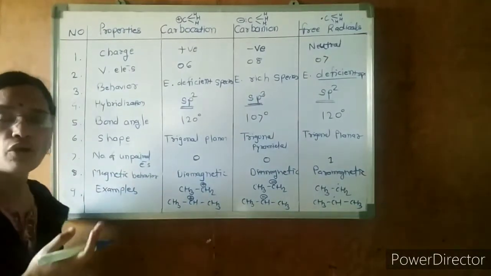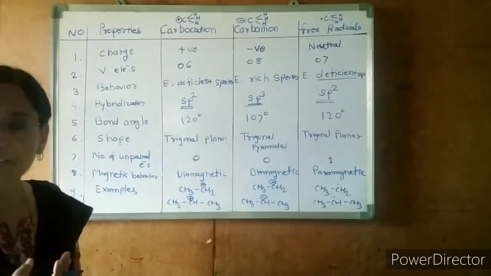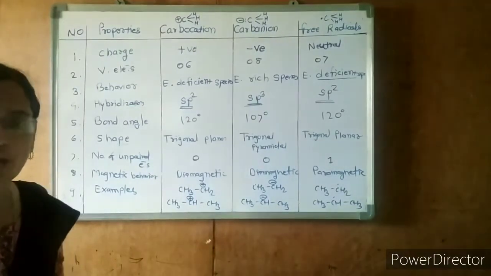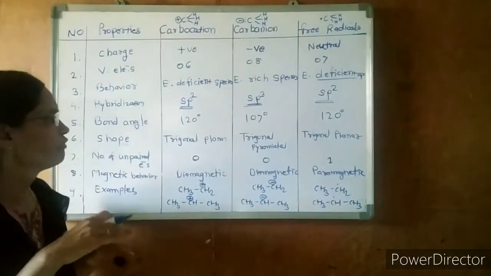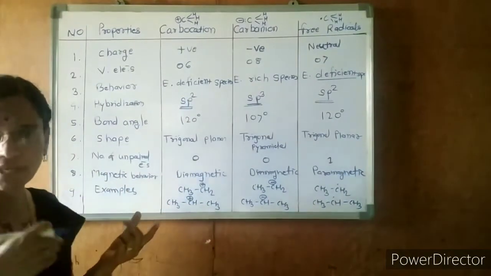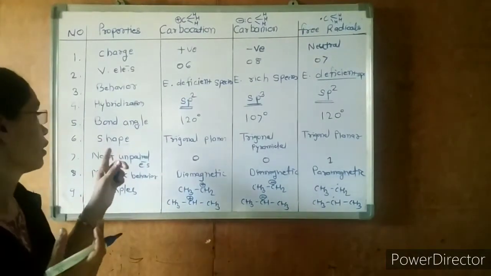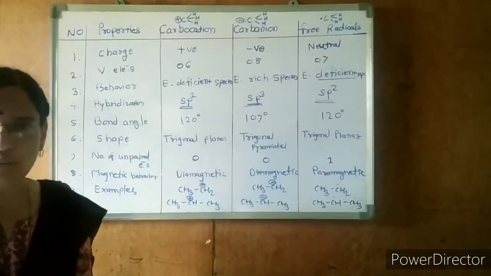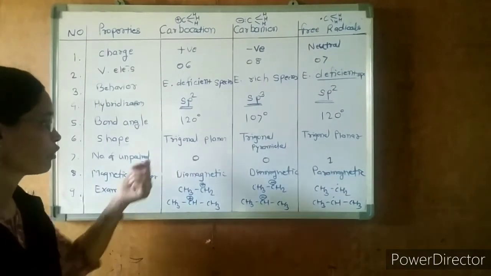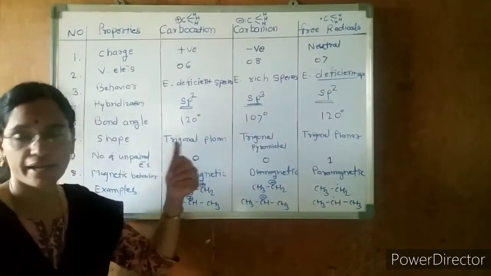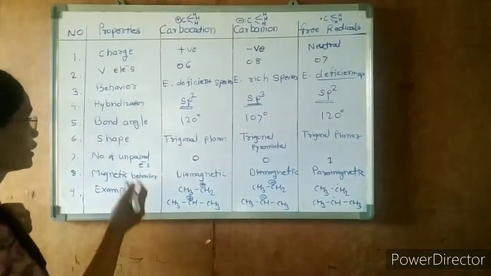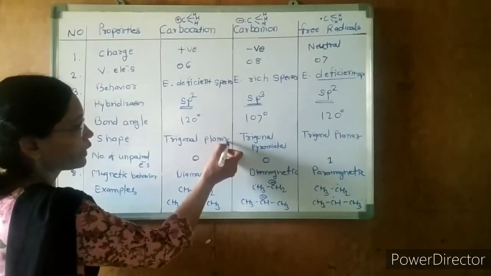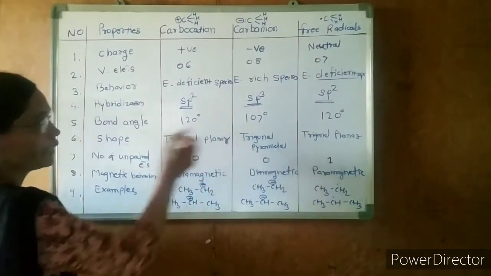In the structure of the reactive intermediates, the structure of carbocation, carbanion and free radicals, we are going to discuss in detail how the shape of each is. So its shape is trigonal planar here, right?